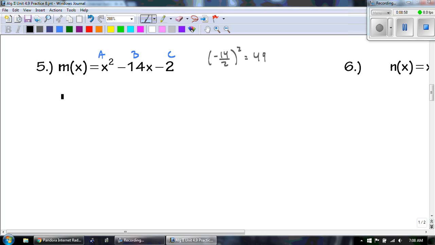So as we write this out, we have x squared minus 14x minus 2. We're doing our blanks, and to balance out the equation, we have a plus 49 and a minus 49. Okay, so why don't you guys go ahead and factor, and then I'll meet you before we put it together. Pause the video and good luck.